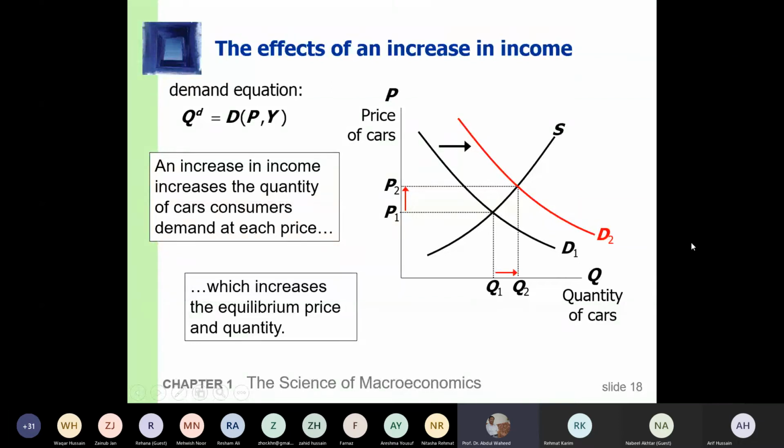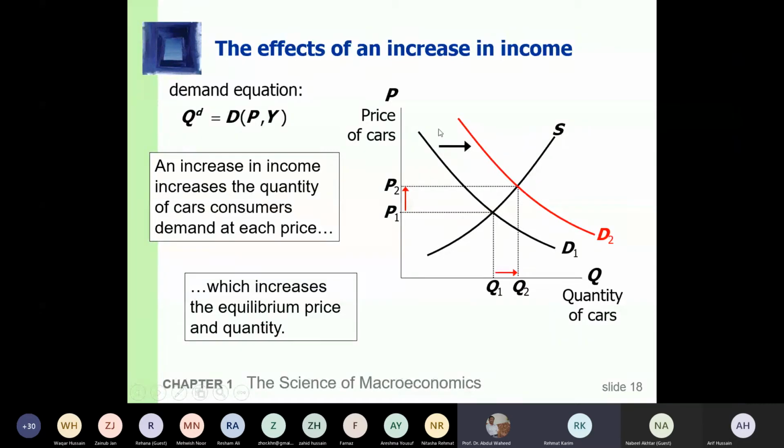Any answer? See, here we are determining price and quantity through the interaction of demand and supply. Do you think income is determined somewhere here? No, sir. We can't determine it.